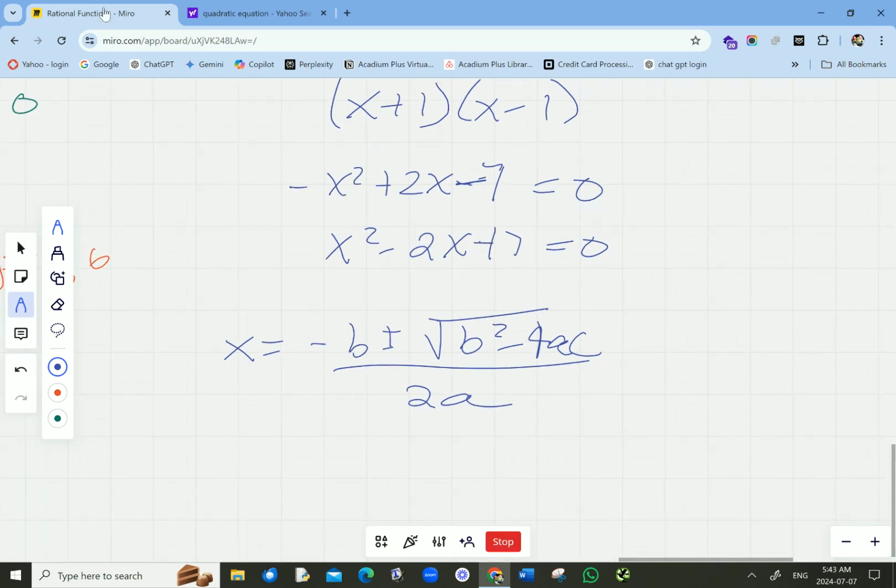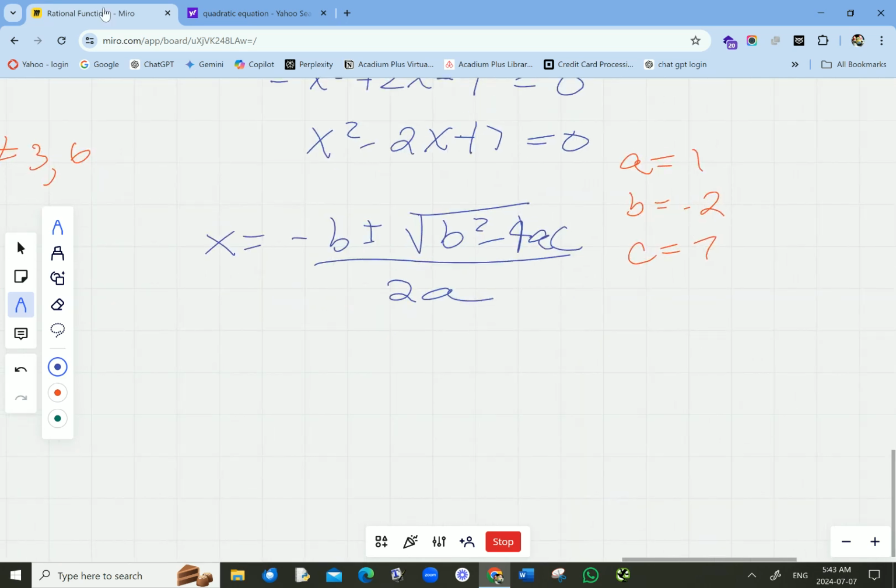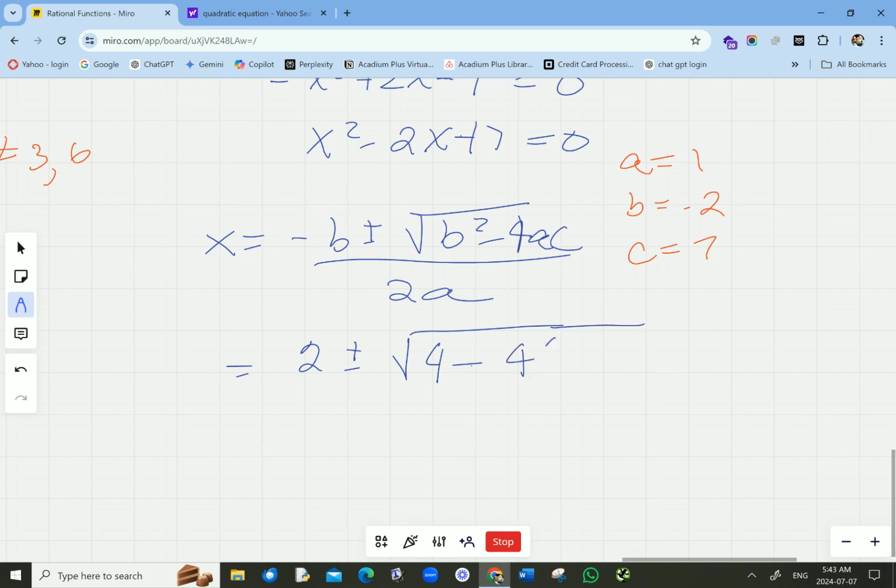Okay, so in this case, I'm just going to quickly do this. a equals 1, b equals negative 2, and c equals 7. So we're going to plug those into our quadratic formula. So that means we get 2 plus or minus the square root of 4 minus, what do we have here? I don't think this is going to work. Well, this wasn't a good exercise at all, was it?